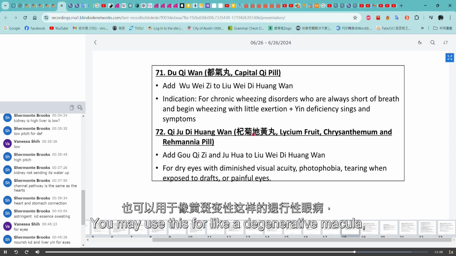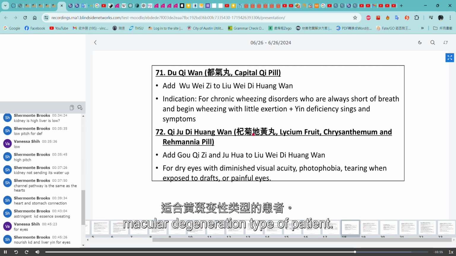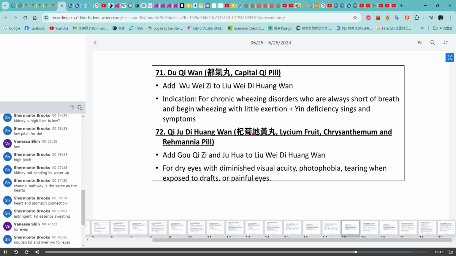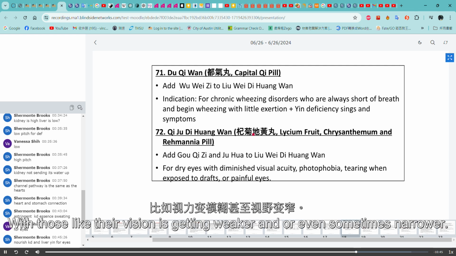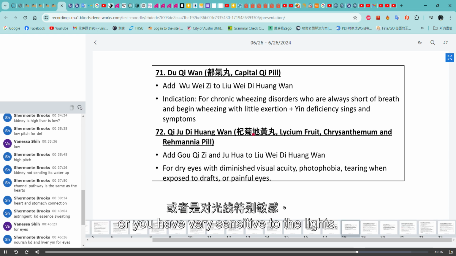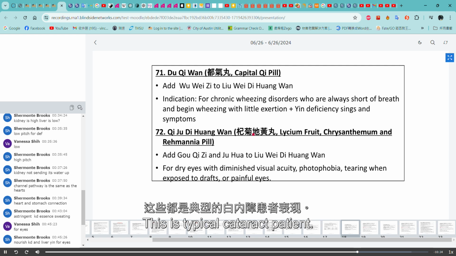You may use this for the degenerative, macular degeneration type of patient, if the underlying condition is kidney insufficiency. Their vision is getting weaker, or even sometimes narrower, or they are very sensitive to lights.